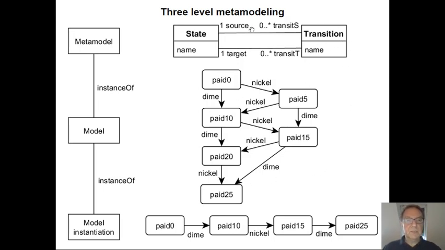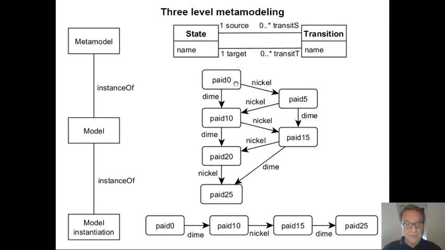A transition has exactly one source. A transition has exactly one target. So this is, for example, one particular transition which goes from paid 0 to paid 5. The source of this transition is the state paid 0, and the target of this transition is the state paid 5.